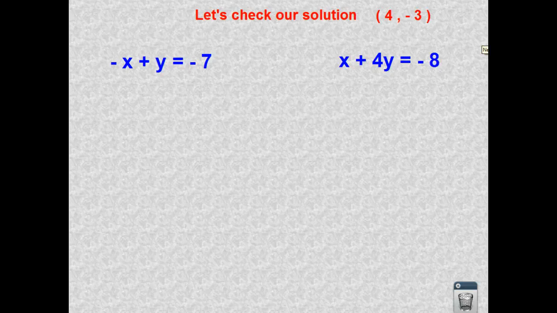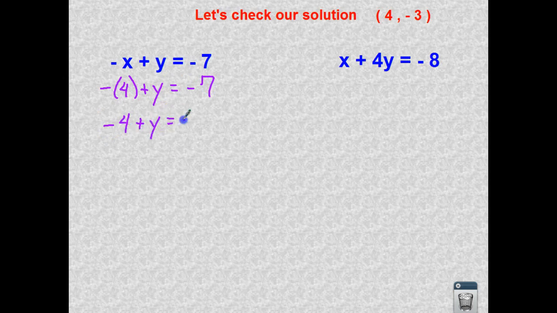Okay, let's check the solution. Substitute in the values. My x value was 4, so I have negative my x value. Add the 4 to the other side, so -7 plus my 4 is -3.